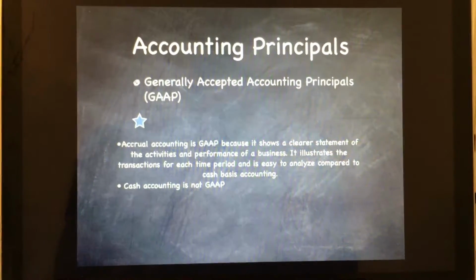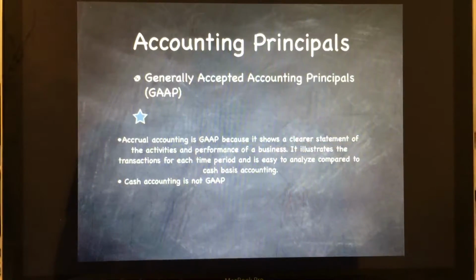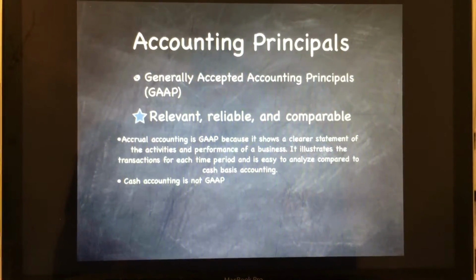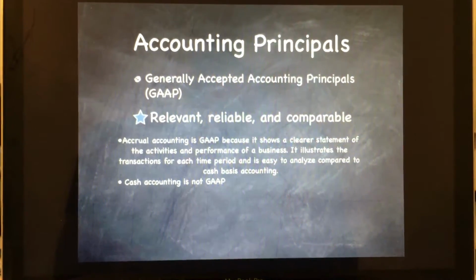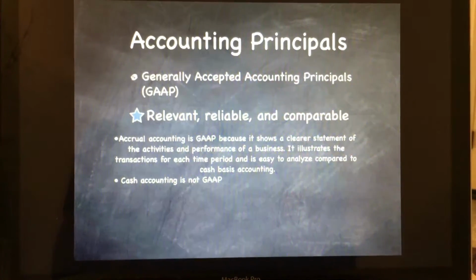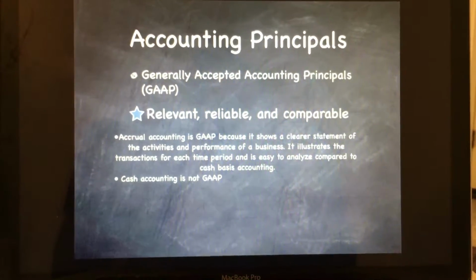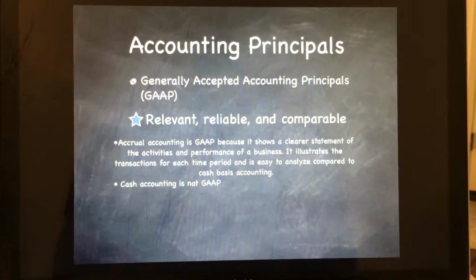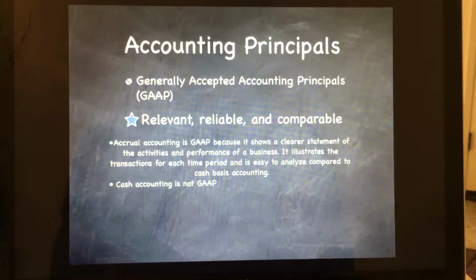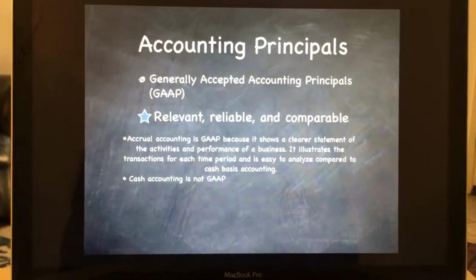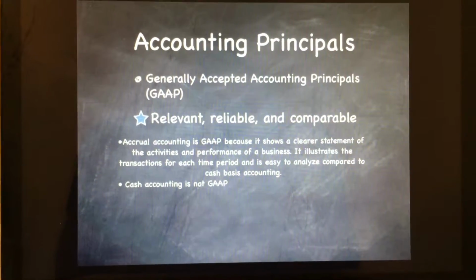As a whole, accounting has GAAP, generally accepted accounting principles, that aspire towards having prevalent, reliable, and comparable information. So accrual accounting is GAAP approved because it shows a clear statement of the activities and performance of a business.